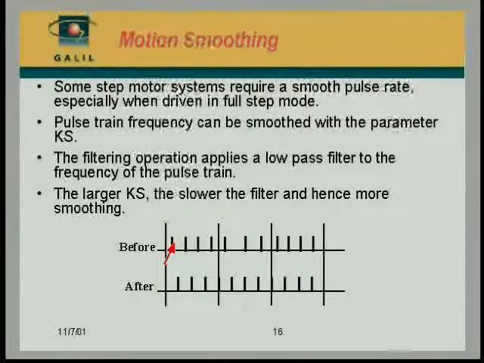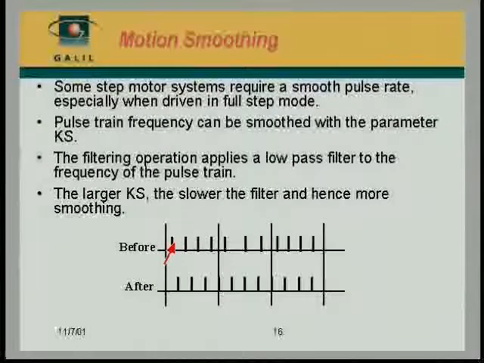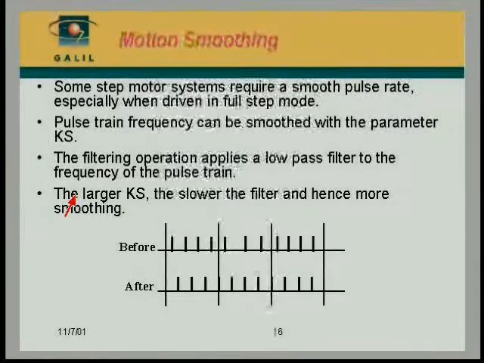And the parameter that controls the low-pass filter is KS. The larger you make KS, the smoother the waveform would become, and the longer the time constant of the filter becomes. So this is a parameter that you as the user could select all the way from 1/2 to 64.